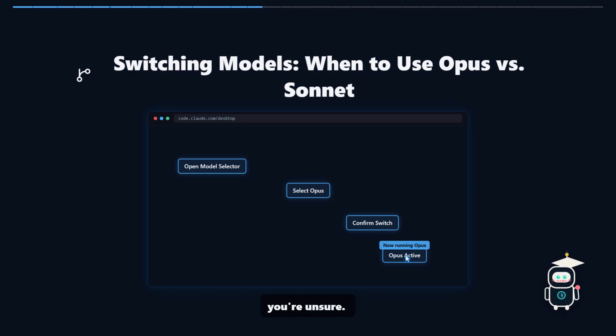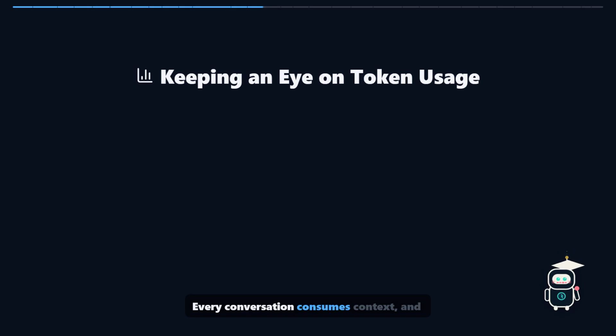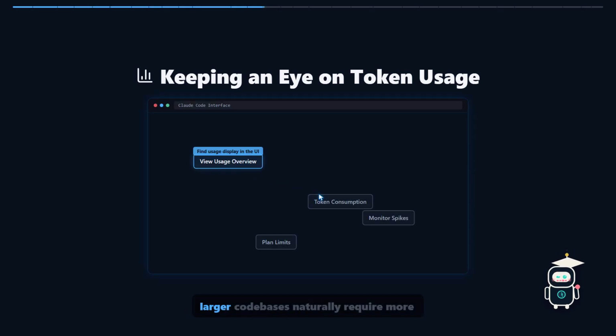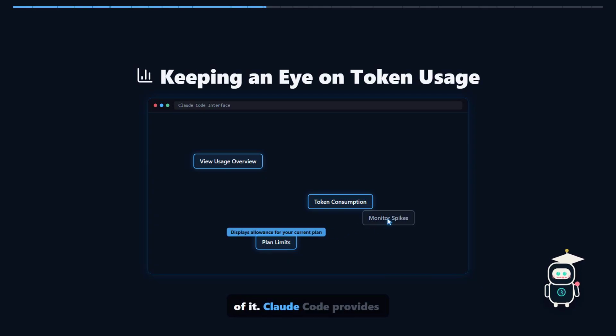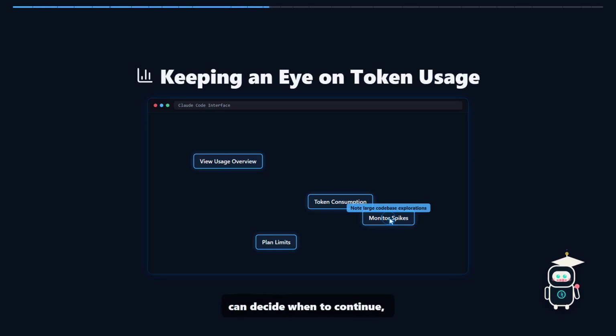Every conversation consumes context, and larger codebases naturally require more of it. Claude Code provides tools to help you monitor your current session so you can decide when to continue, compact the conversation, or begin a fresh session.